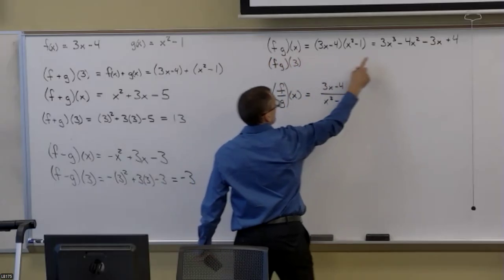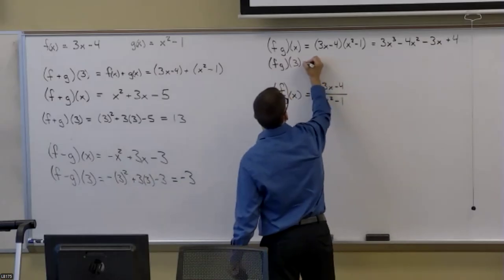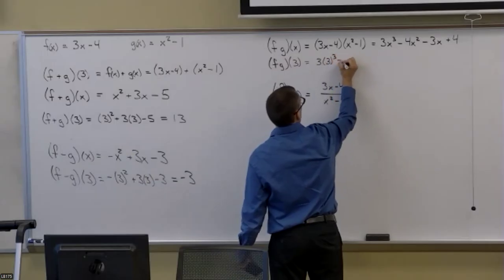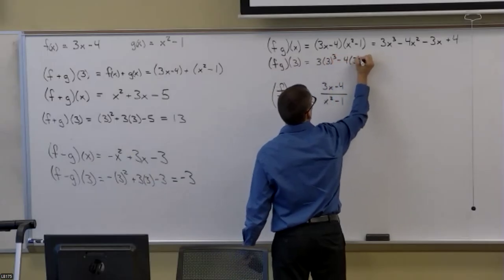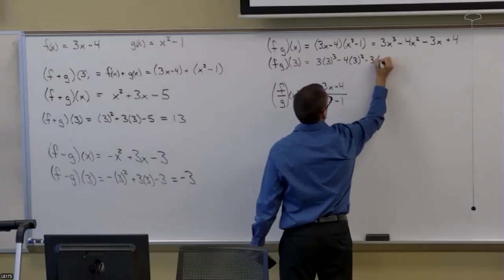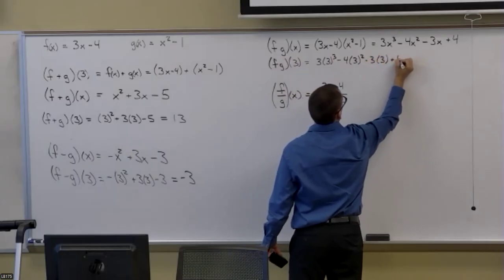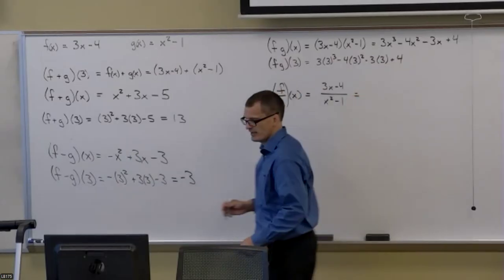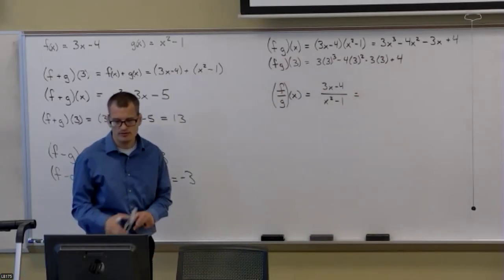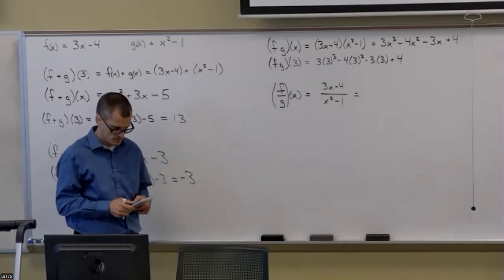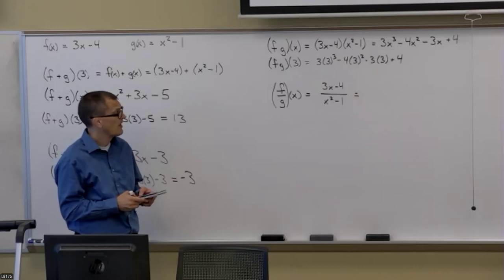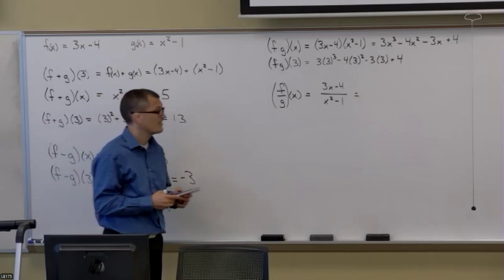I already know this expression, so I could just plug in 3 into that expression. Get whatever number that is. I'll do that on my calculator. I got a 40.